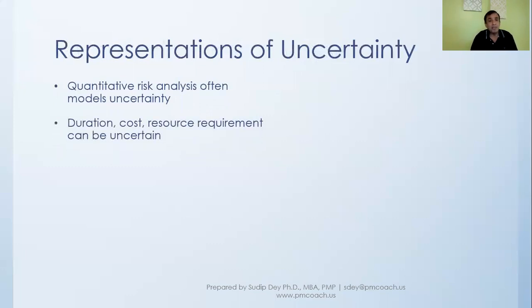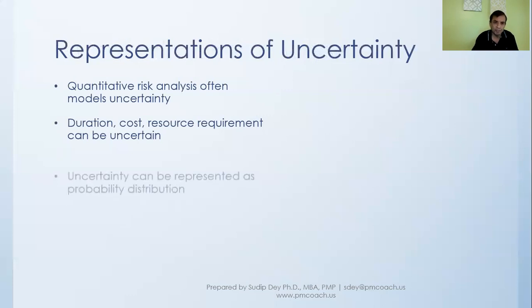It can be about duration or schedule, it can be about cost, it can be about resource requirements. All these things can be uncertain. And emanating from all these sources of uncertainty, we will be able to model the uncertainty at an overall level through a quantitative model.